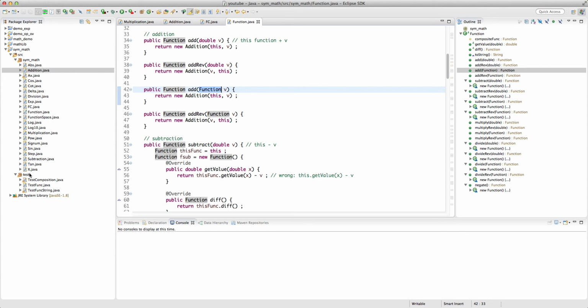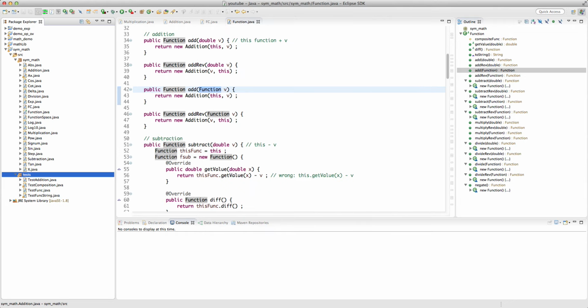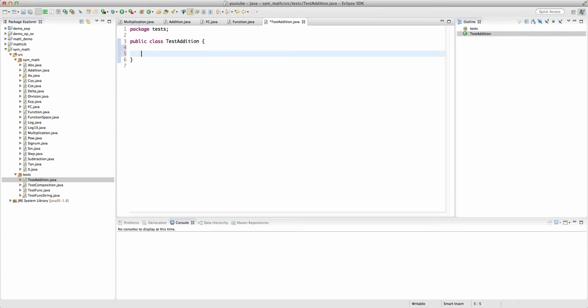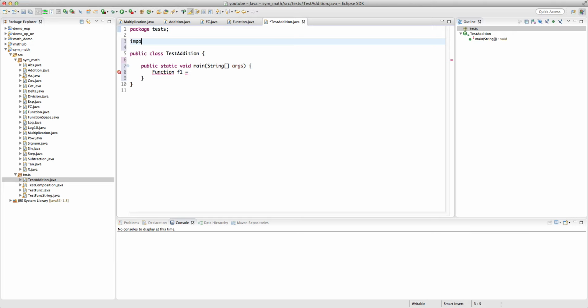And now we can go and test the addition. Let's create a main method, and then function f1 is, from our function space, import all the static methods including our variable x. So function space, import everything.